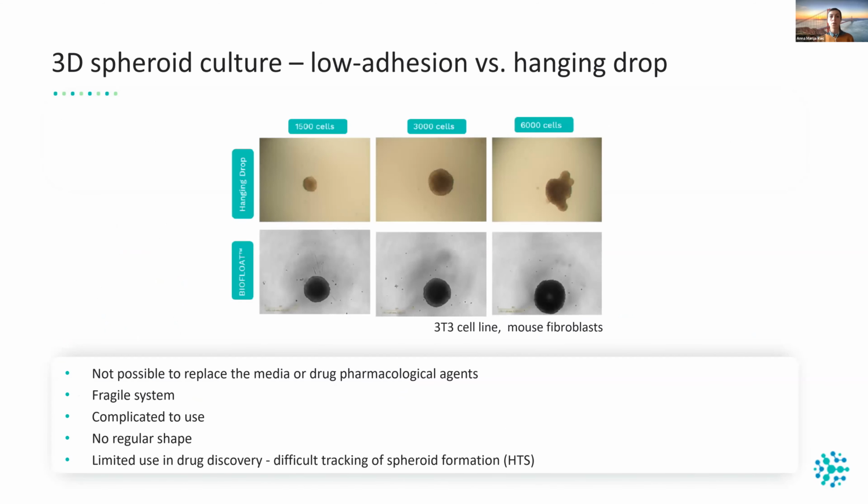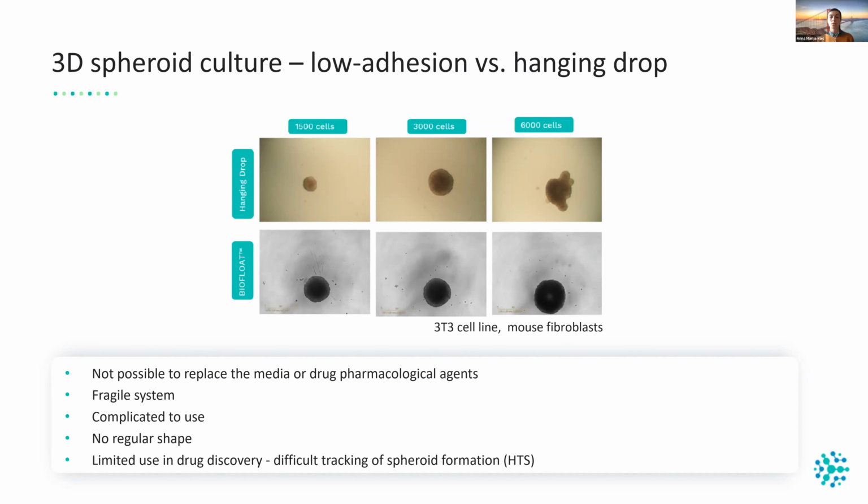When we compare a low adhesion plate with a hanging drop system, we can see that in the low adhesion plate, the spheroids are formed and they show a round, regular morphology. In comparison to that, the cells in the hanging drop systems form spheroids with irregular shape and small cell satellites.